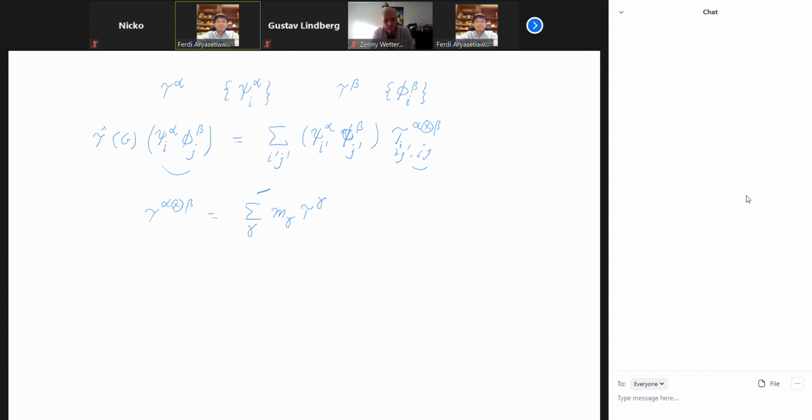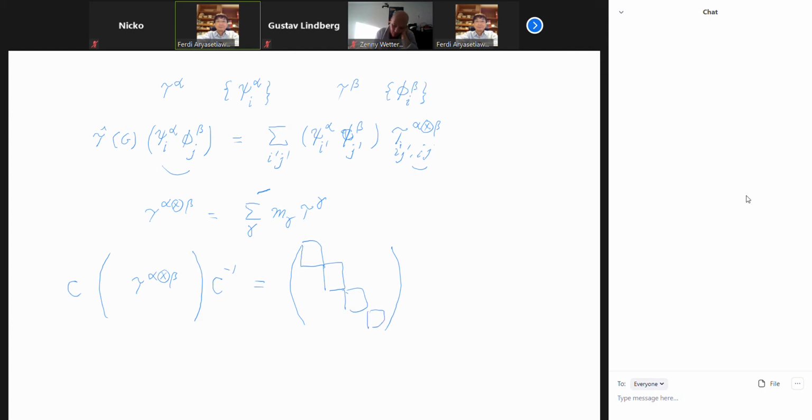So the meaning of this is that we have a matrix T alpha cross beta, and we have the Clebsch-Gordan coefficients, which bring this scrambled matrix T alpha cross beta into a block form. So this is the meaning of the right-hand side.